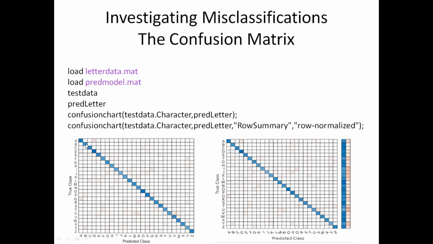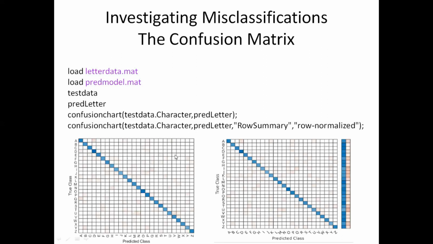The diagonal elements will tell us the true positive cases, that is, the number of cases where the alphabets have been identified correctly, and the off diagonal elements will tell us the other details. Because this is a huge matrix, it would be more useful to get this confusion matrix along with the row summary.